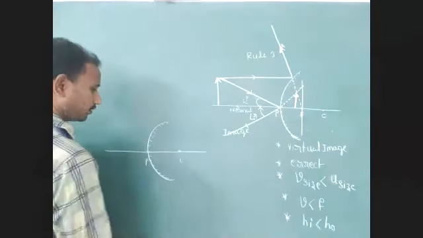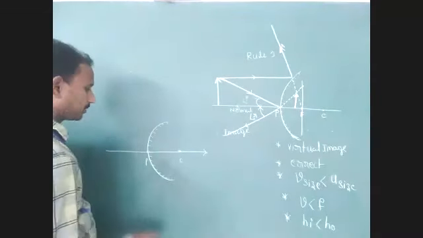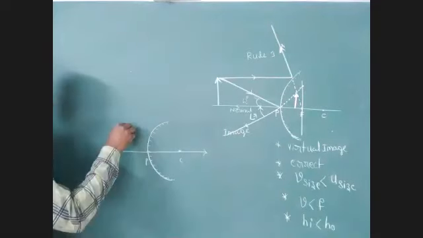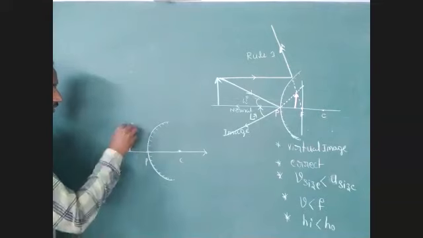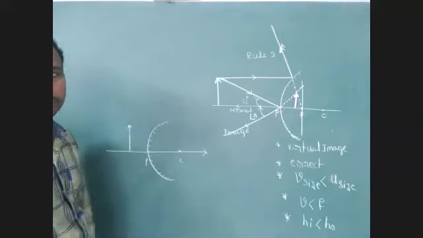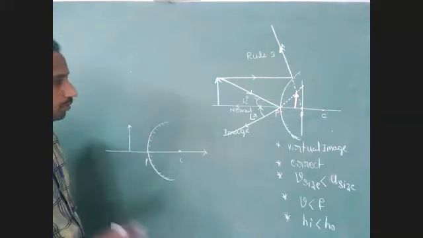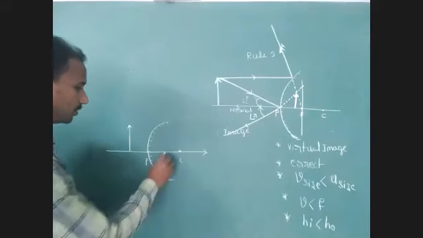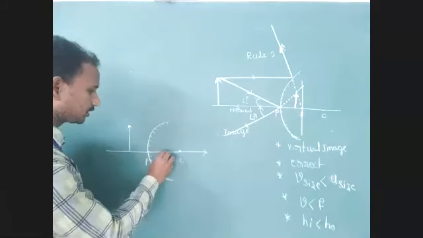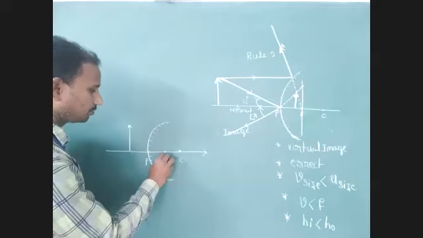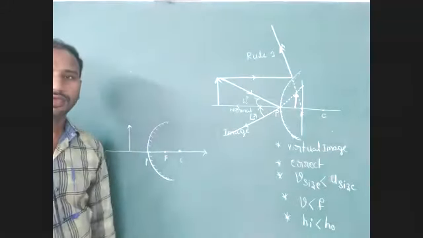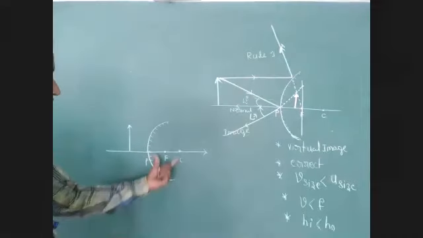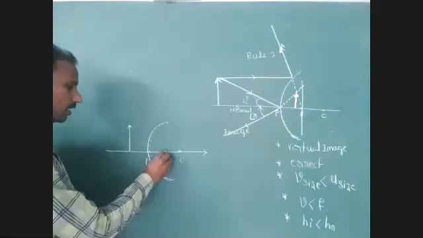That reference line is called the principal axis. Now we have to consider the position of an object near to the pole of convex mirror. Where is the principal focus? Principal focus exactly we have to consider as the midpoint of PC distance. Okay, we have to identify this.